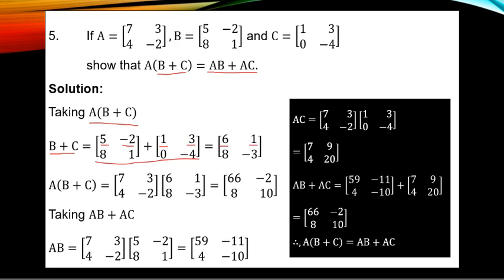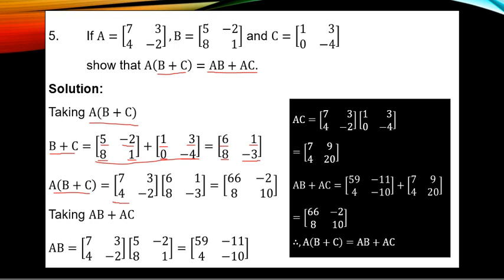The second row, you have 8 plus 0, that is 8. Then the same second row, the last entry, 1 plus minus 4, that means 1 minus 4, and that is minus 3.